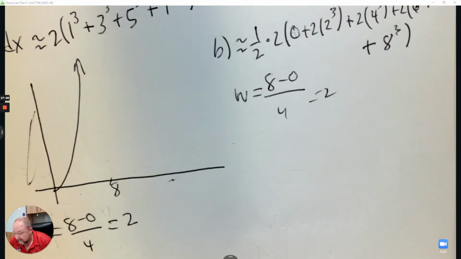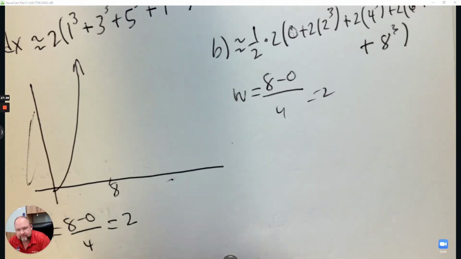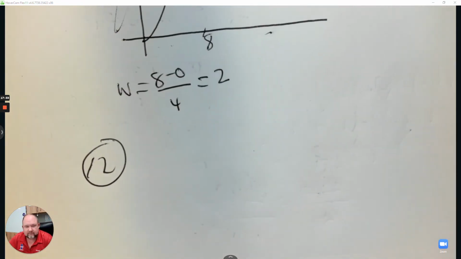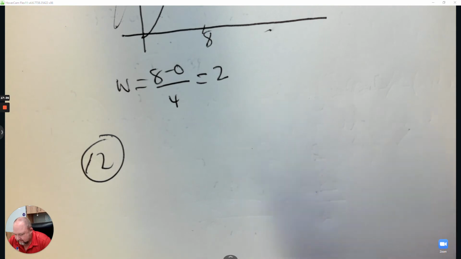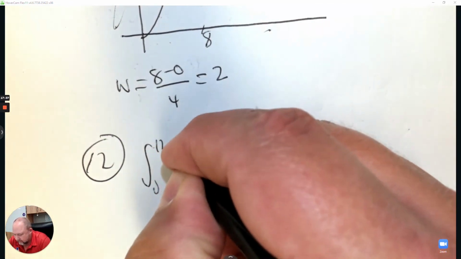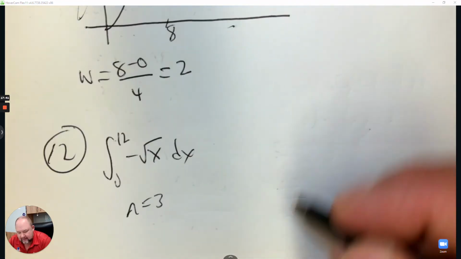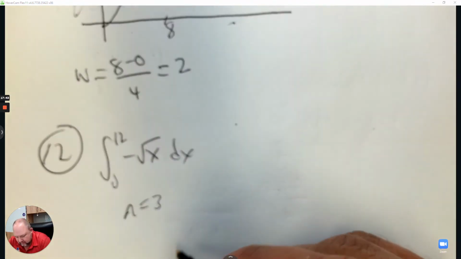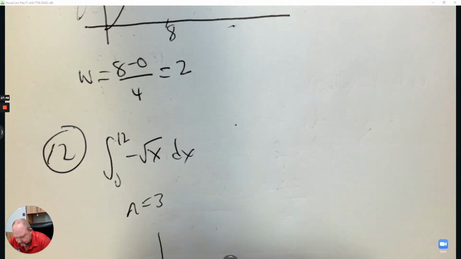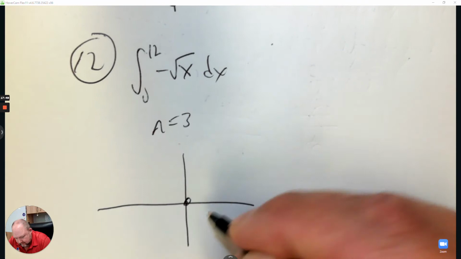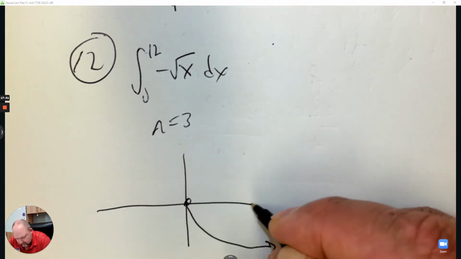All right, 11b or 12. In number 12, we're integrating from 0 to 12, negative root x dx, n equals 3. And again, if I had a picture of this graph, negative root x would look like this as it would come down.